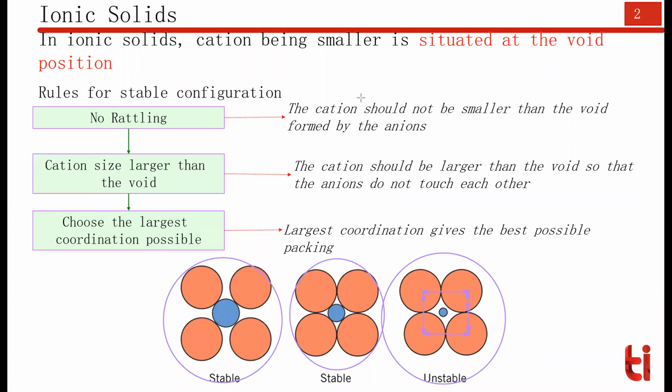Yes, sir. And an ion carrying a positive charge is a cation. That is what you are saying? Yes, sir. Cation is positively charged, anion is negatively charged. Right?